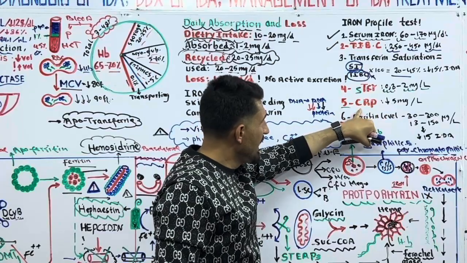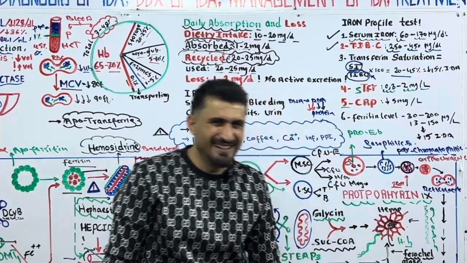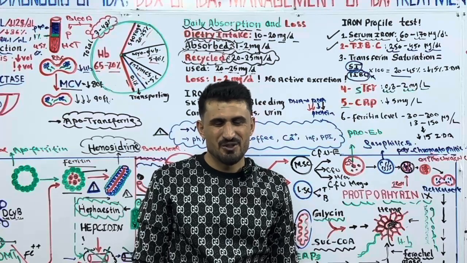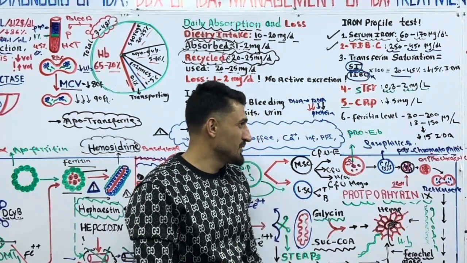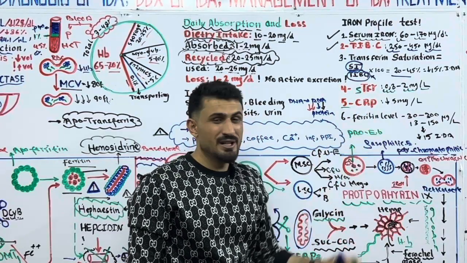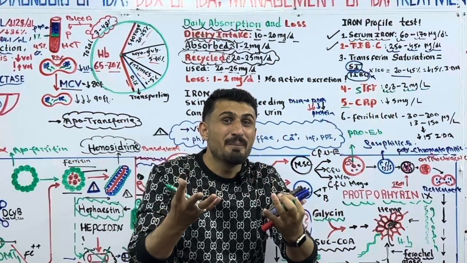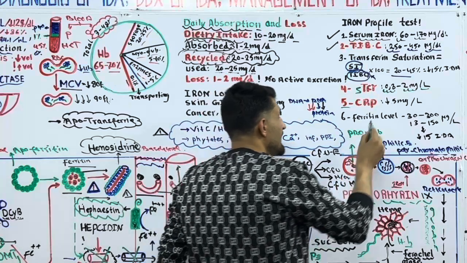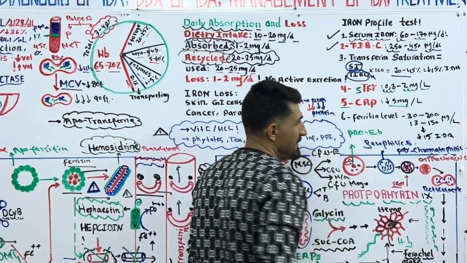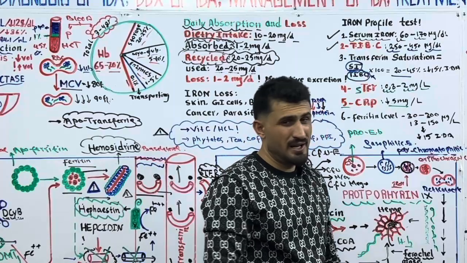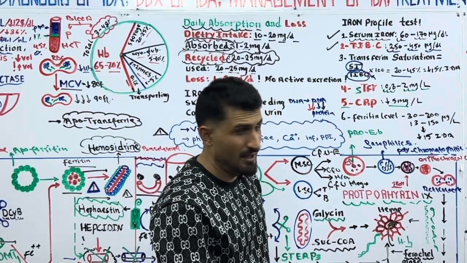Got it? About CRP, this is also important. When you give an iron profile test, try to give a CRP test also, because C-reactive protein increases during inflammation. Its normal value is less than 5 milligrams per liter. We will talk about it more in part 2.